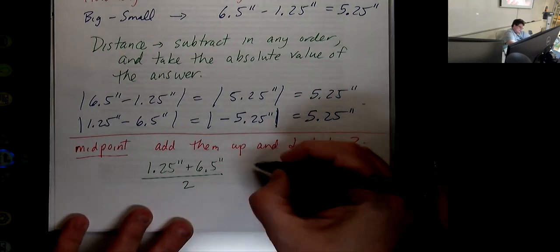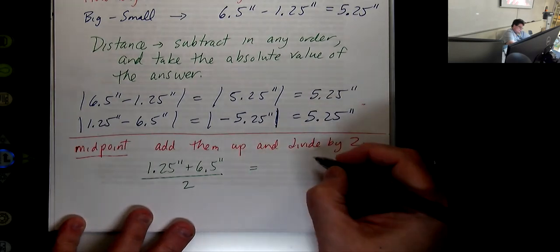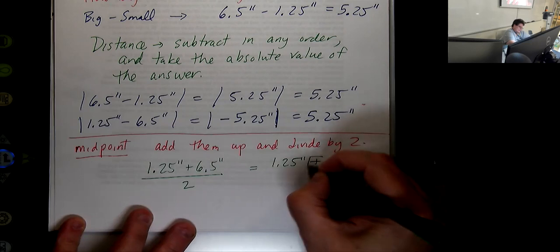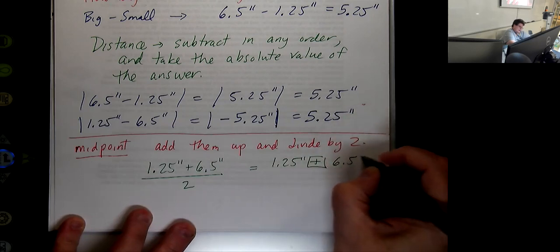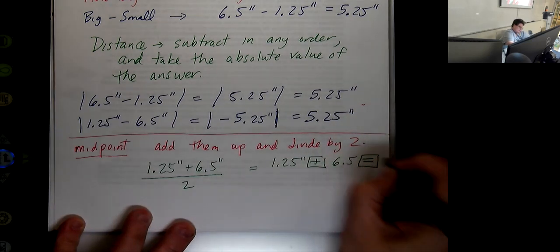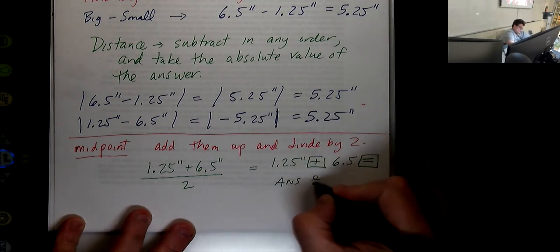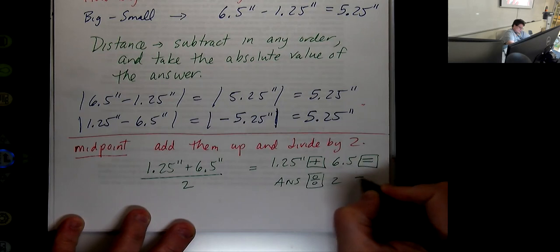I recommend you do it in 2 steps: do the 1.25 plus 6.5 equals on a calculator, and then whatever you get, divide the answer by 2.